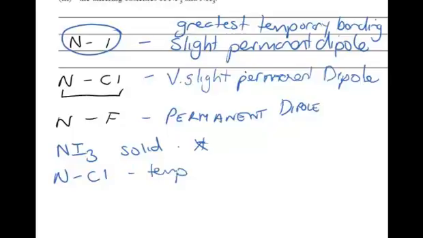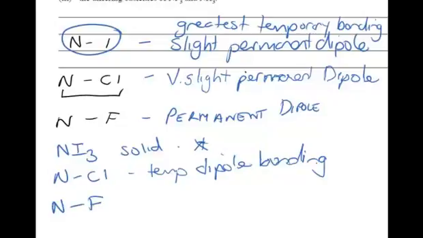So the reason that this is a liquid and the fluorine is a gas in the trihalogen compound means that for the nitrogen chlorine, that's the most significant bonding, the temporary dipole bonding. And in nitrogen fluorine, obviously permanent dipole bonding with a small amount of temporary dipole bonding compared to the other two.